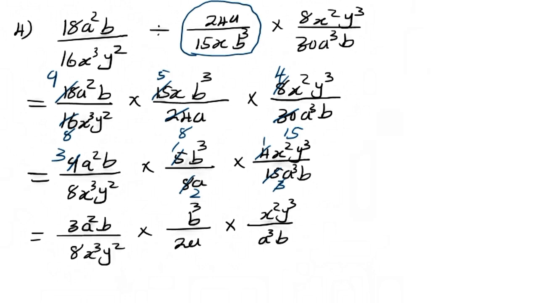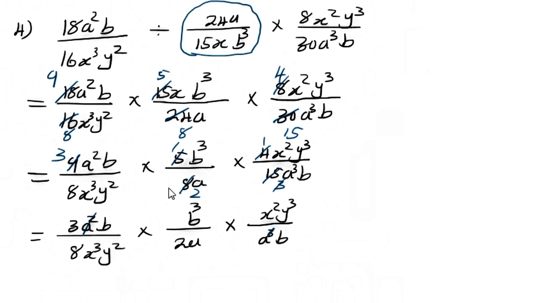Alright, so let's see if we can eliminate some variables, as much as we can. Right, so we have here y cubed and y squared. Let me start from the left hand side first. I have here a squared is gone and is gone with a cubed, so we are left with 1a.